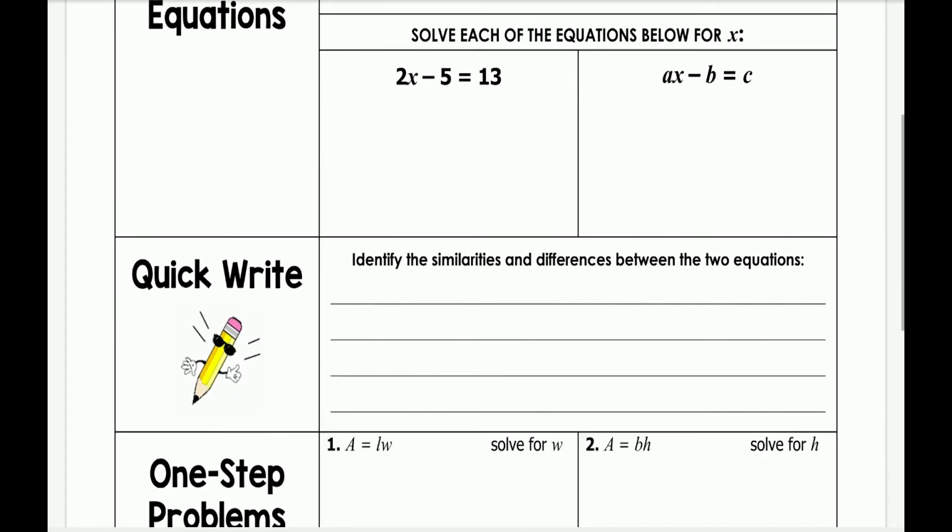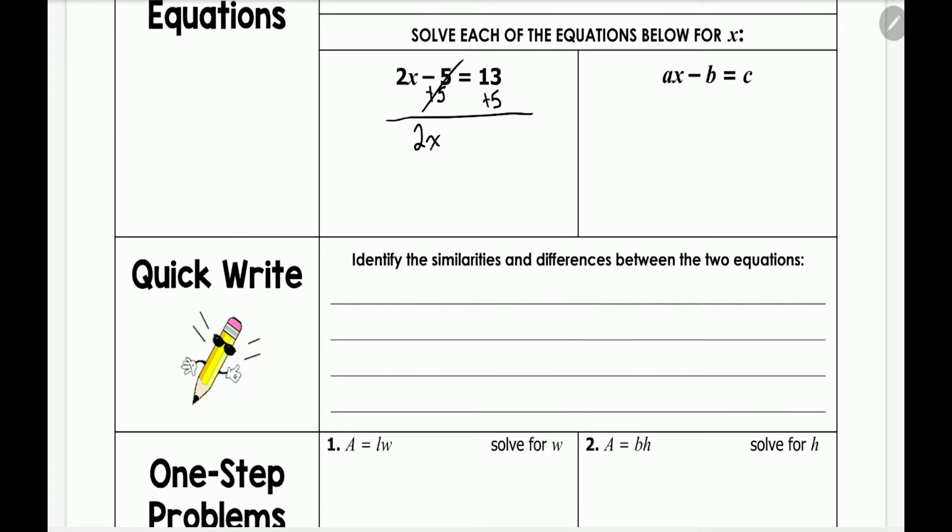To begin, we're going to solve an equation. We're going to solve 2x minus 5 equals 13 and figure out what x is. By now we should be in the habit of knowing exactly what to do when we look at it. First step, we add 5 to both sides. When we do that, the 5's cancel.